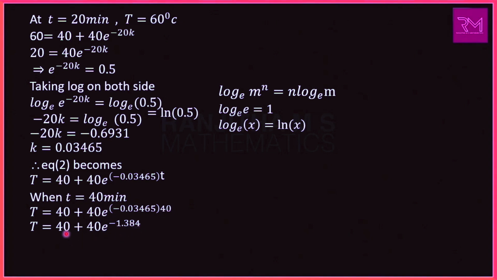Next we calculate 40 plus 40 into exponential power of minus 1.384 in a scientific calculator. We get the value of T, that is the temperature of the copper ball at time 40 minutes, as 50 degrees Celsius. This completes the problem. We shall move on to another problem so that you can understand in a better way.